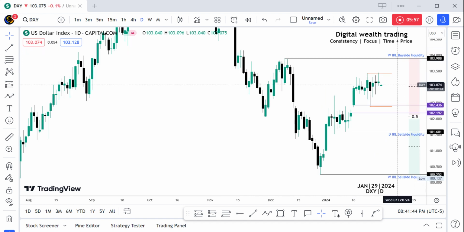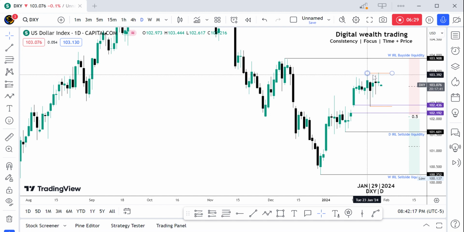Okay, this is the DXY, the dollar index daily contract. This is a lot to see. Now we can see that there is a very high difference in this price right now, because according to what the DXY is showing, if we are bullish and the market is willing to come for this internal range liquidity buy side, then we're not supposed to see a sharp decline like this.